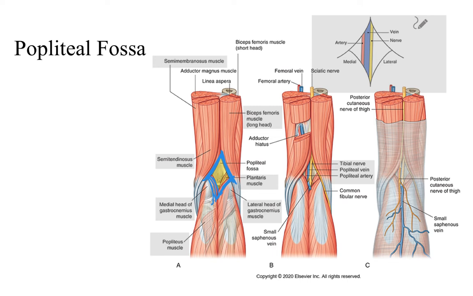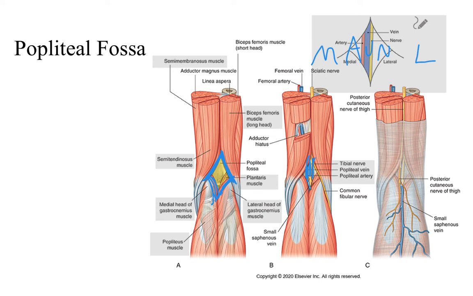Within the popliteal fossa, from lateral to medial, you'll find the tibial nerve, the popliteal vein, and the popliteal artery. So going from lateral to medial, we have nerve, vein, artery. Or if you want to go from medial to lateral, artery, vein, nerve.